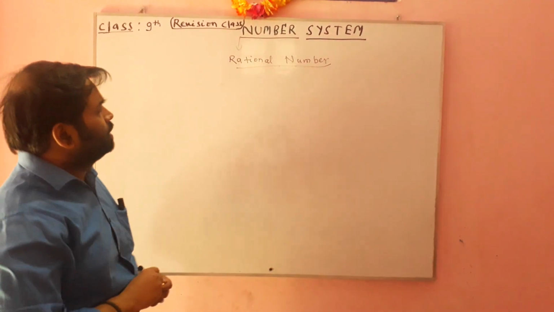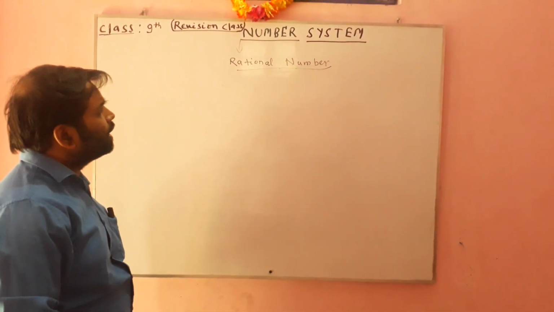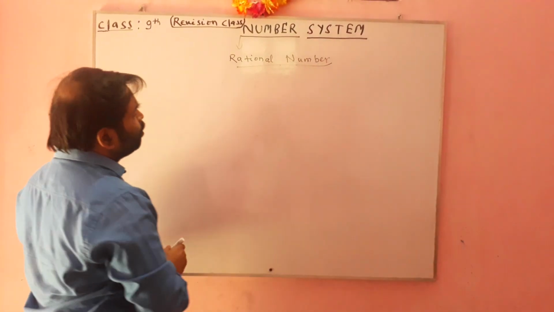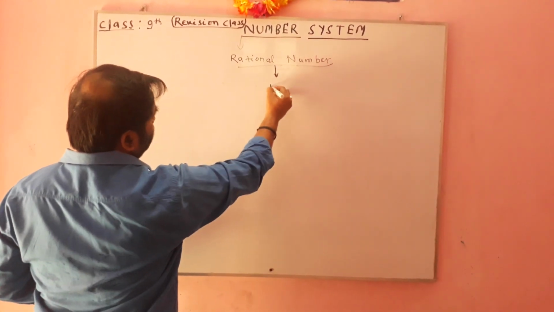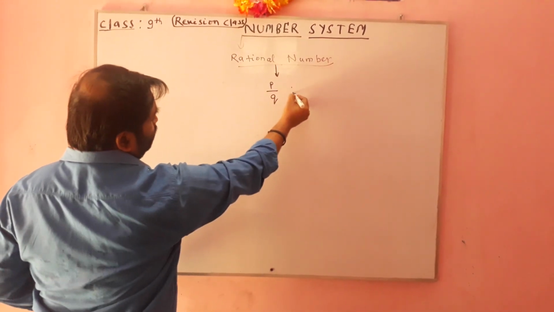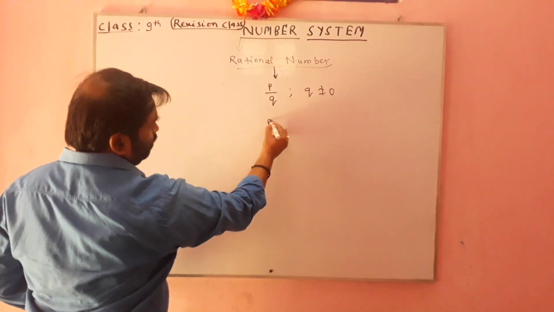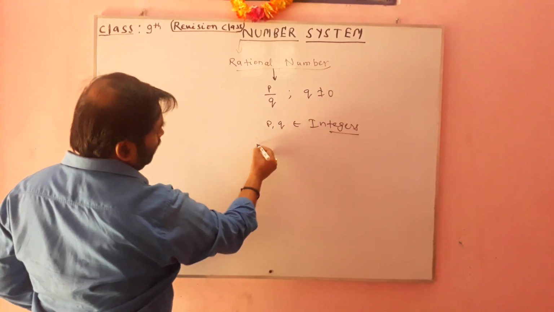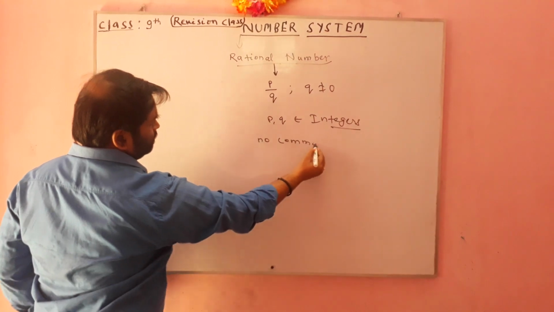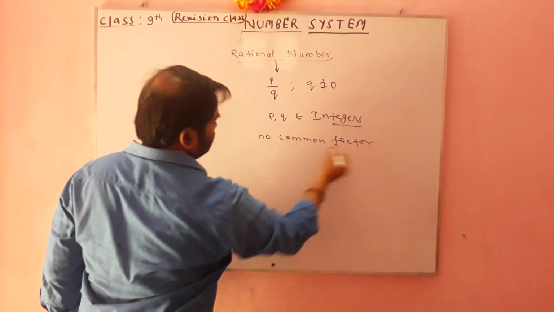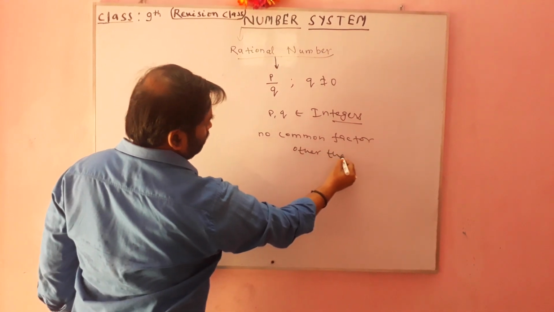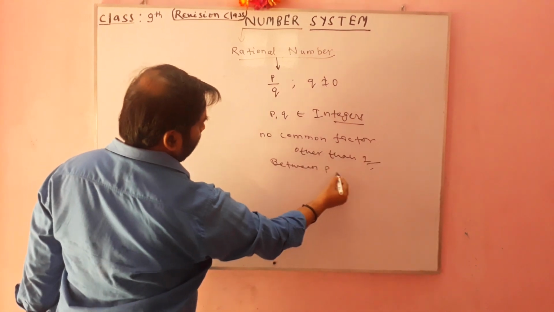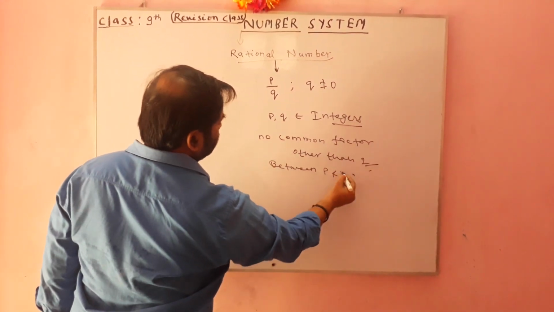So now, what is the definition of a rational number? What I had told you, just remember: the number is in the form of p by q, q not equal to 0, where p and q both belong to integers and there is no common factor other than 1 between p and q.